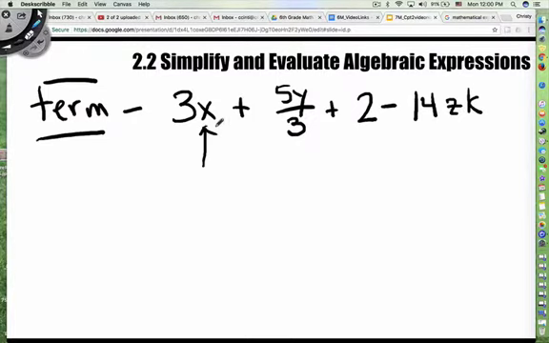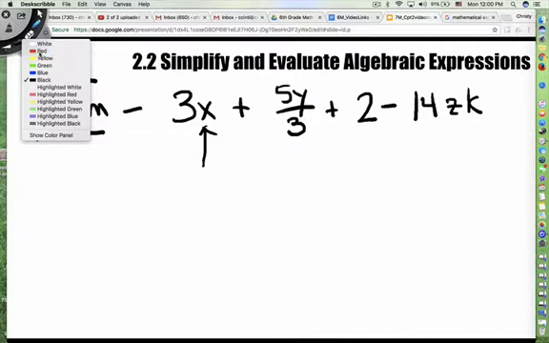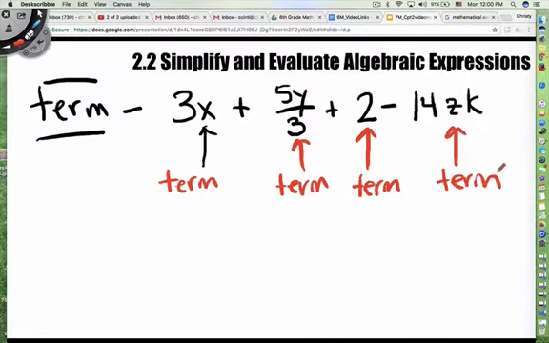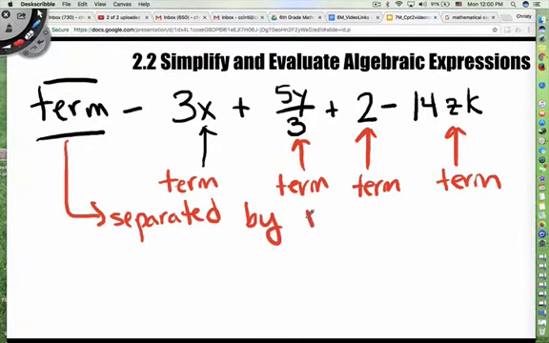So this is a term, this is a term, this is a term, and this is a term. What they are is that terms are separated by addition or subtraction signs.